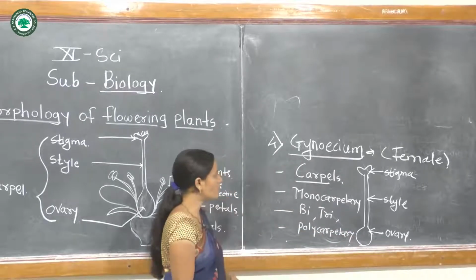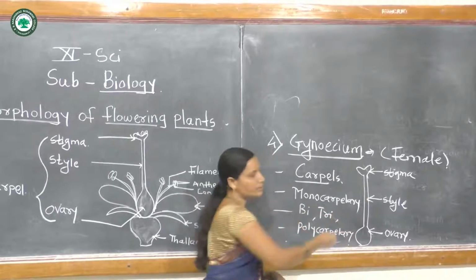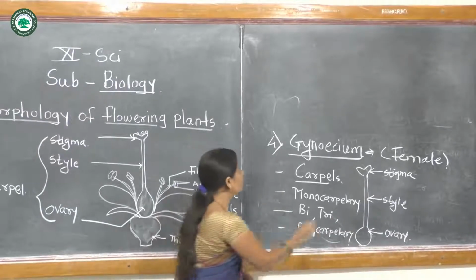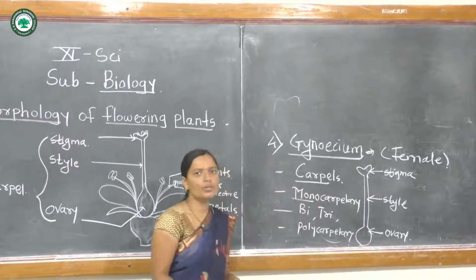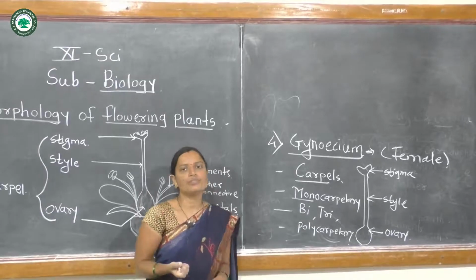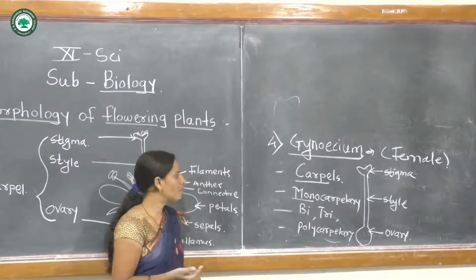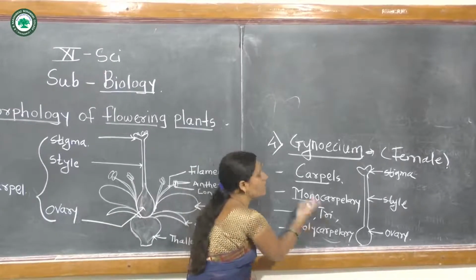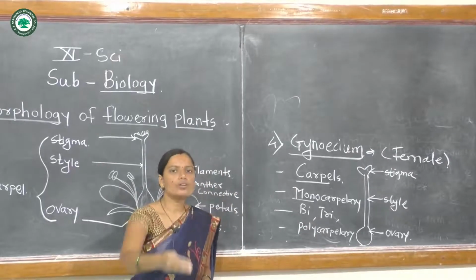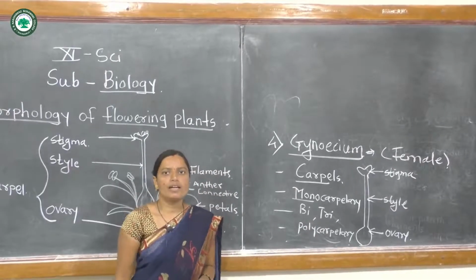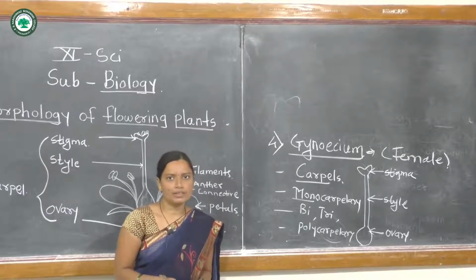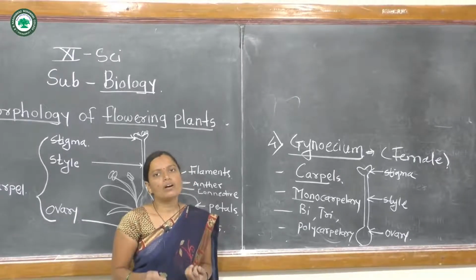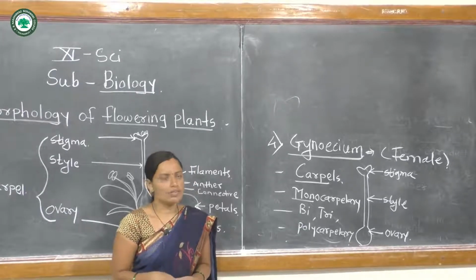In some flowers, the carpel is single; only one carpel is found. In some flowers there are two carpels, three carpels, or more carpels, and this is called the polycarpellary condition. These carpels are many in number in some flowers.